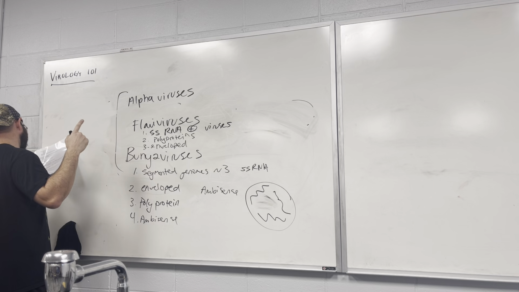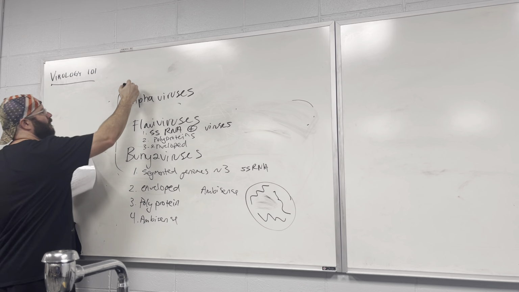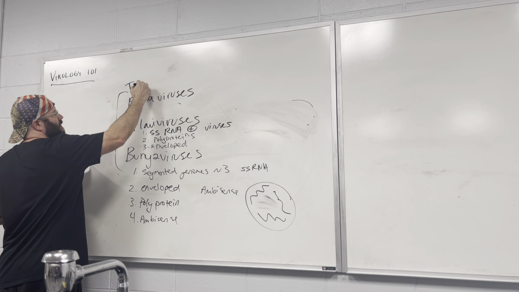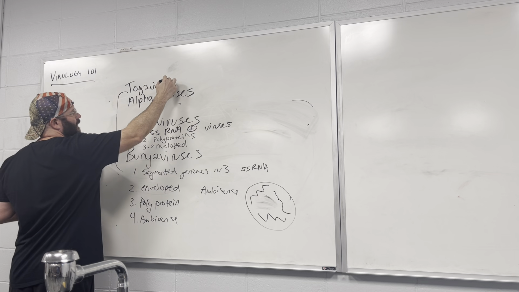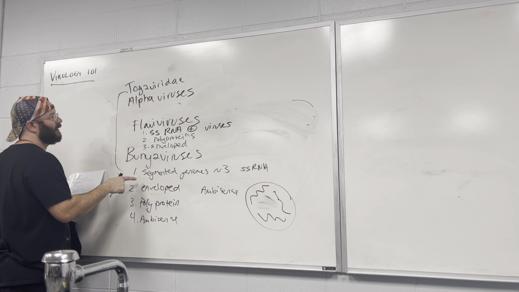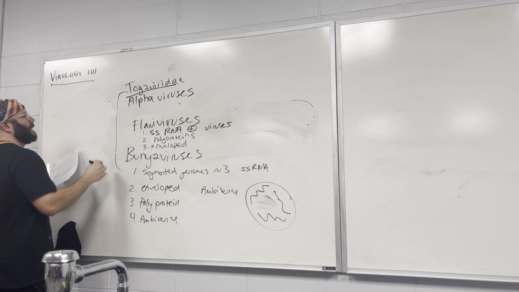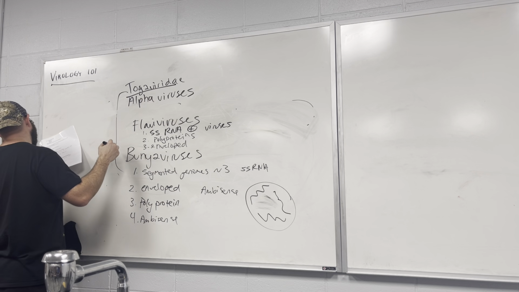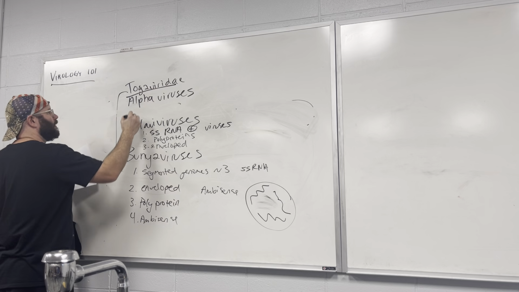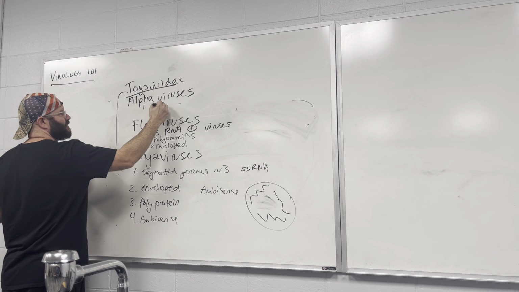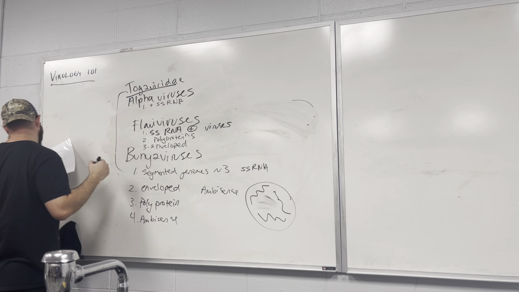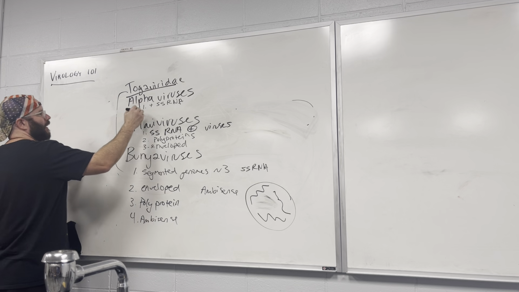Alpha viruses are within Togaviridae. So there's Bunyaviridae, Flaviviridae, and Togaviridae. They are plus single-stranded RNA, and they are enveloped.